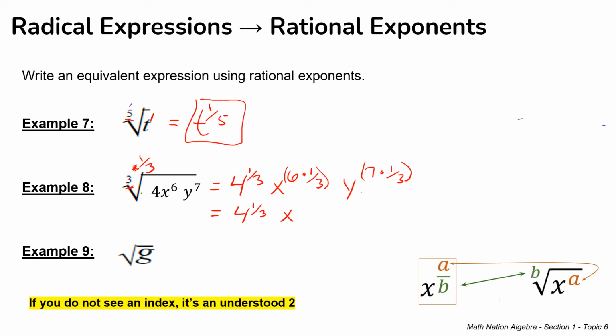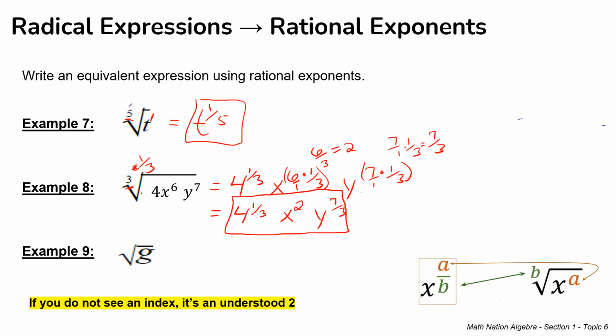For x, 6 times 1/3, that's 6 over 1 times 1 over 3. 6 times 1 is 6, 1 times 3 is 3, and that reduces to 2. So that would be x to the 2nd power. And then 7 over 1 times 1/3, that would be 7 over 3. So I just bring that down. I cannot reduce it, so I just leave it as 7 over 3. And that is my final answer. I've just rewritten this expression with rational exponents.